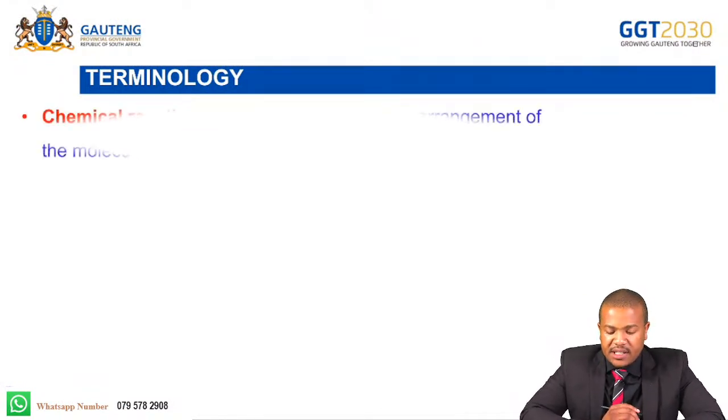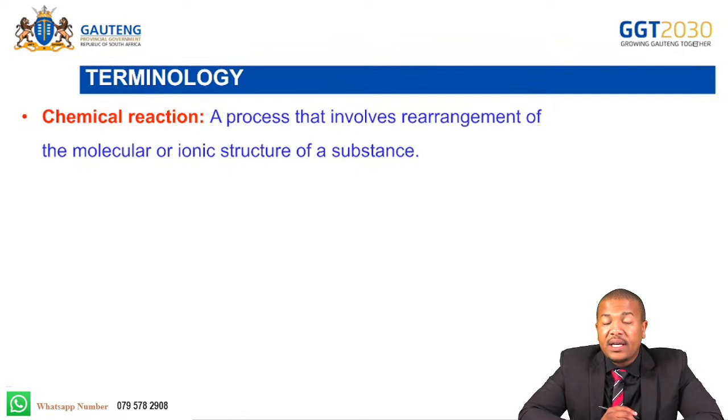The first term that we have there is chemical reaction. We define chemical reaction as a process that involves the rearrangement of the molecular or ionic structure of a substance.